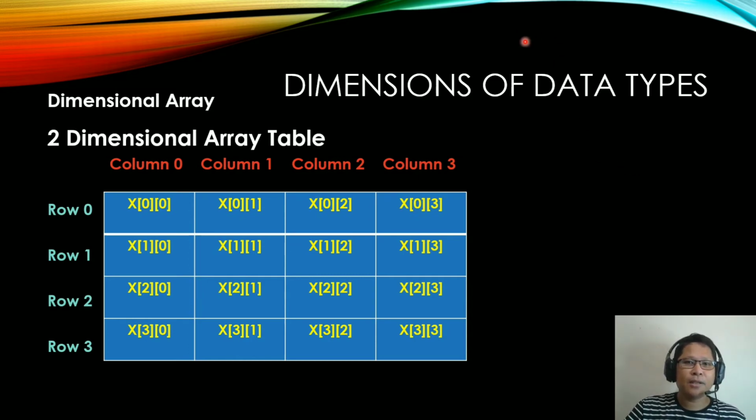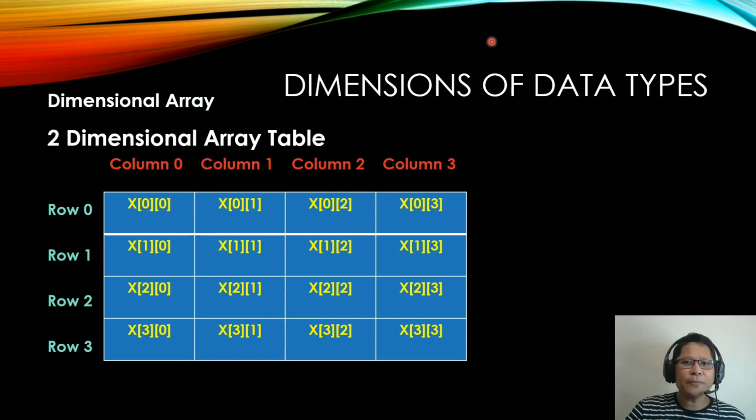In the first box here, it states that x is an array with index 1 equal to 0 and index 2 also equal to 0. So 0, 0.